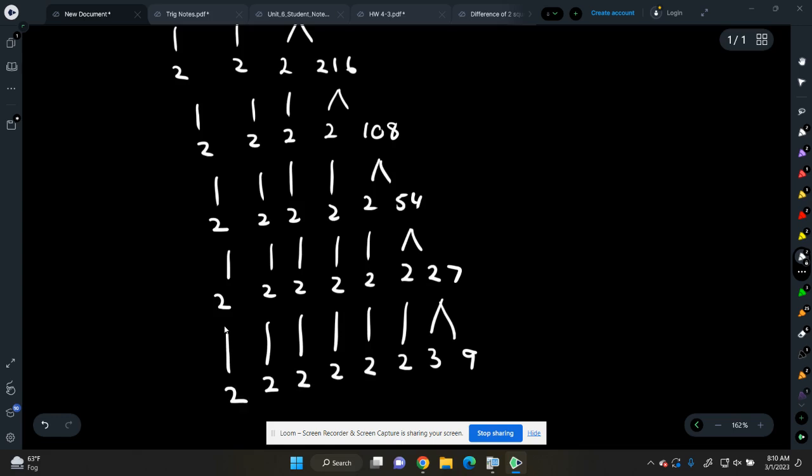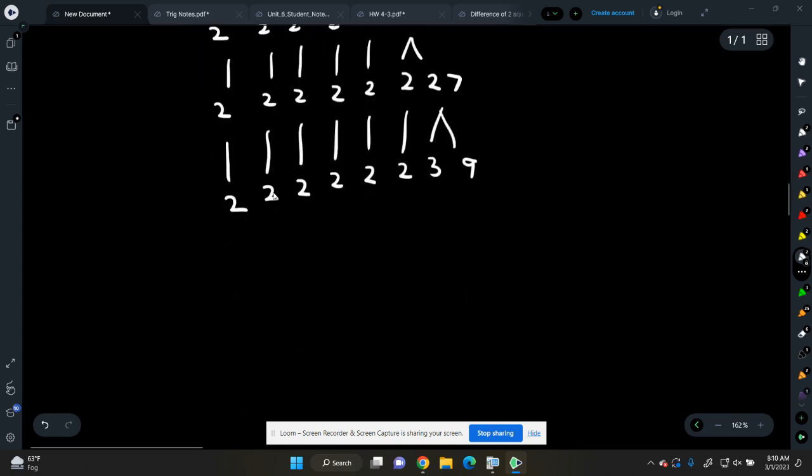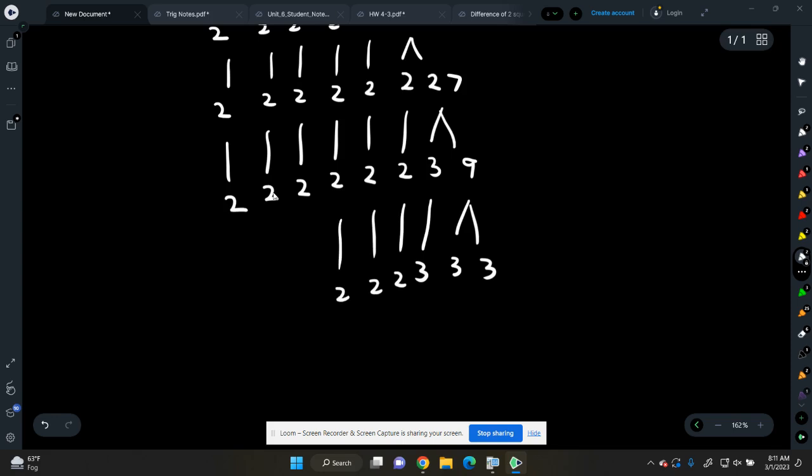Okay, this is my factor tree, and then I've got one more to go. 9 is 3 times 3. Okay, so there's my factor tree. How many 2's do I have? 1, 2, 3, 4, 5, 6 2's and 3 3's.